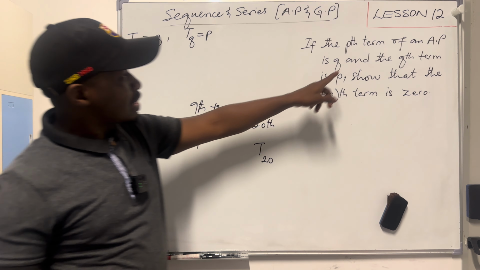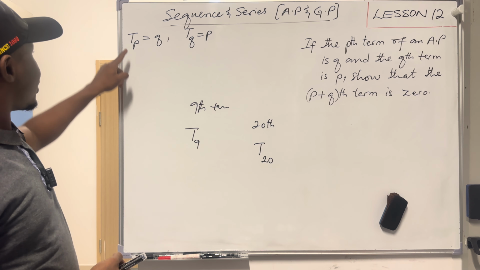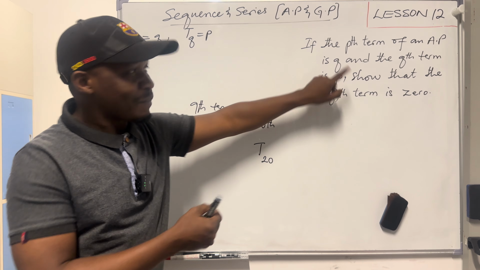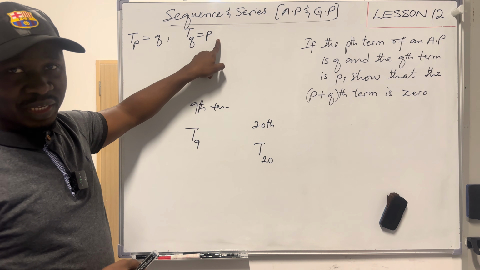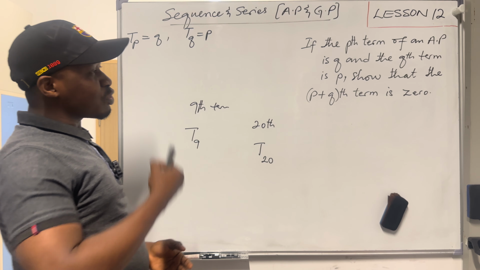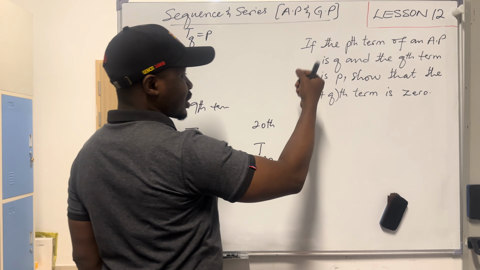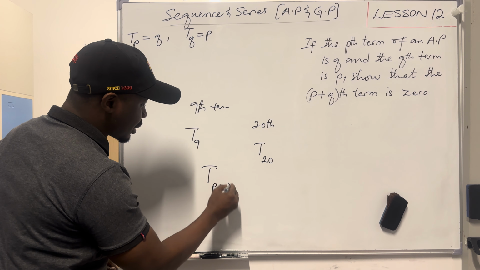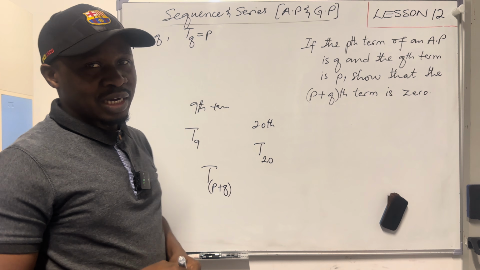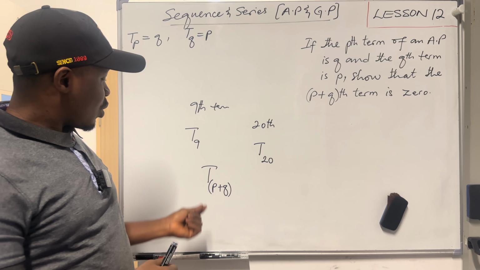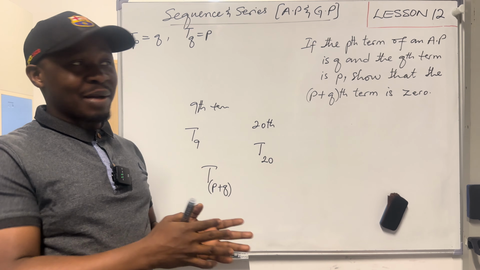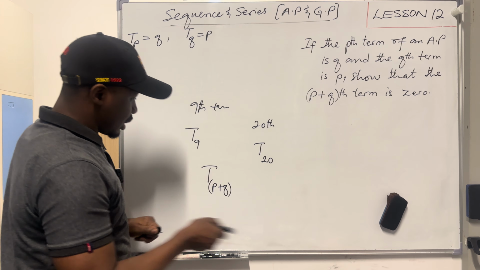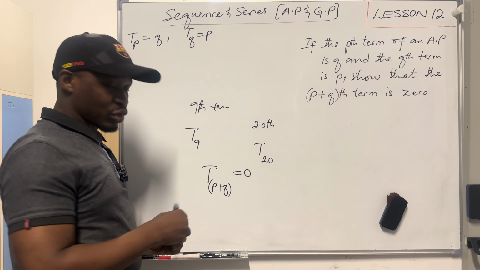So the pth term is T subscript P, and this pth term is Q, and the qth term is P. Finally, we have to show that the (p+q)th term is 0. So this is what they want us to show.